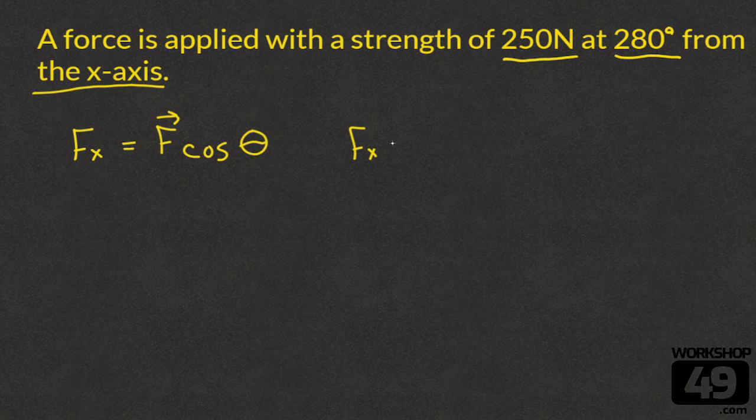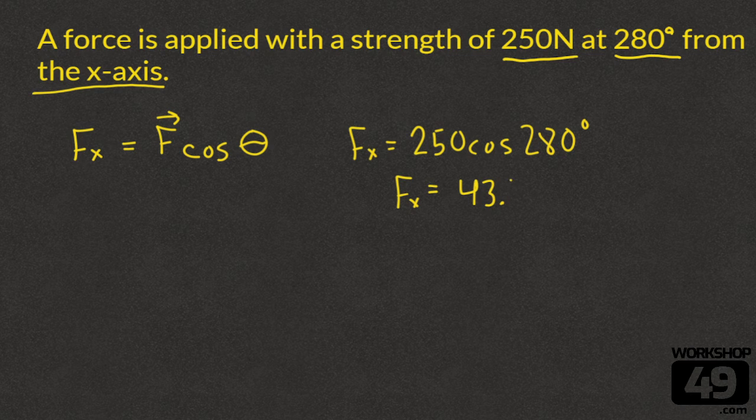Our x component of our force is equal to 250 cos 280 degrees. The x component of our force is equal to 43.4 newtons. That's positive. That means it's up. This is a positive 43.4. So this would be in the north direction.